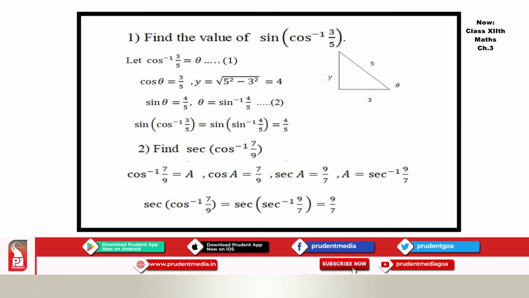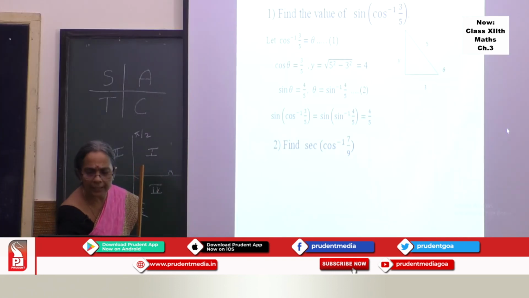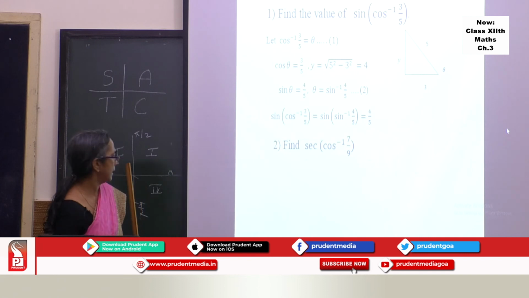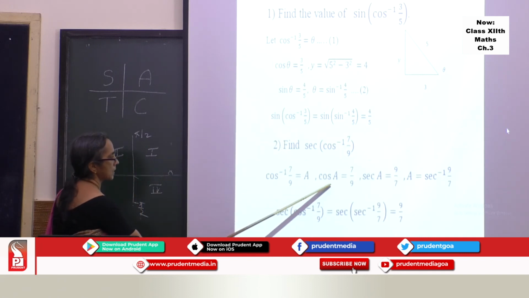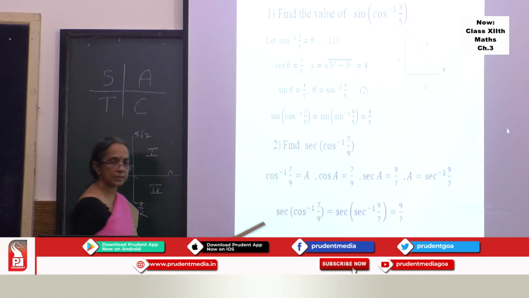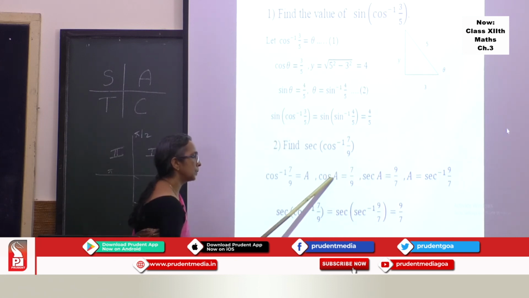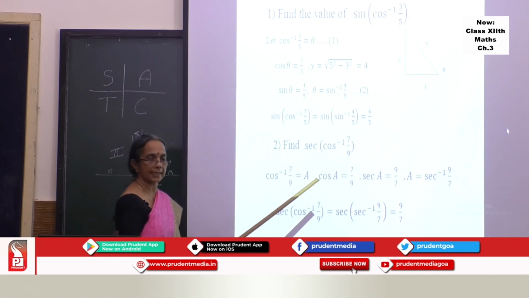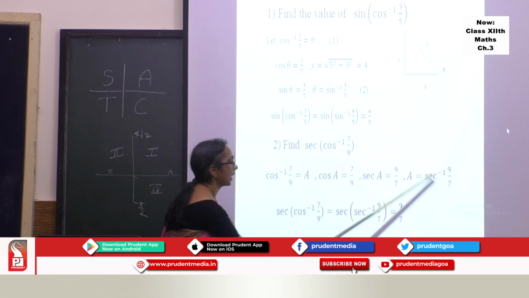One more example, find sec of cot inverse of 7 by 9. Here, without taking a triangle you can write, because cos inverse of 7 by 9 means cos A is 7 by 9. If you take a triangle like this, you will get the same answer. Sec A is 9 by 7, because you know the relation between cos A and sec A. Therefore, A is sec inverse of 9 by 7.